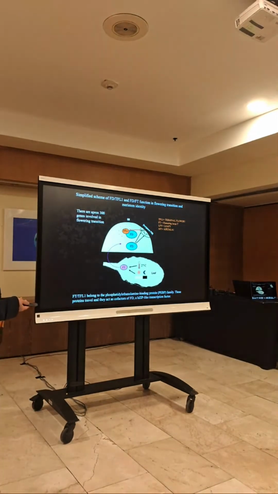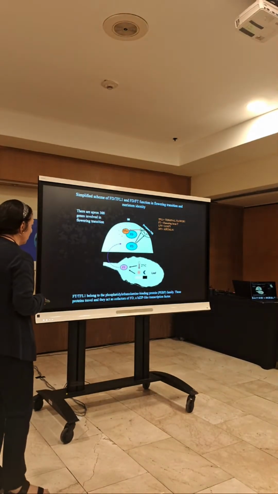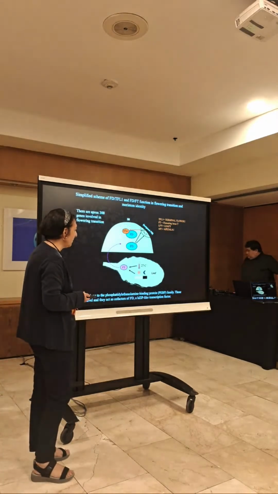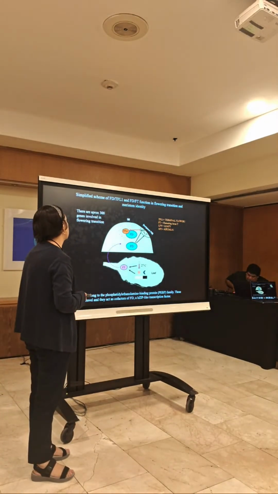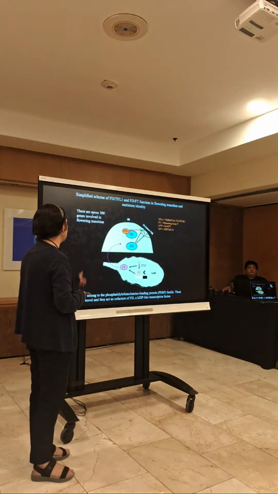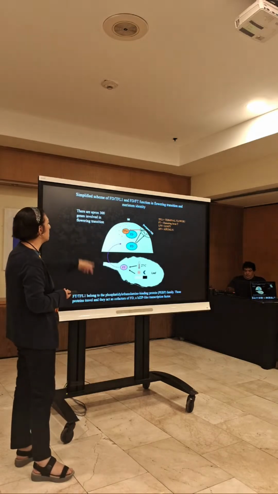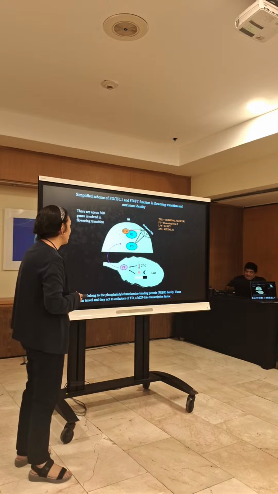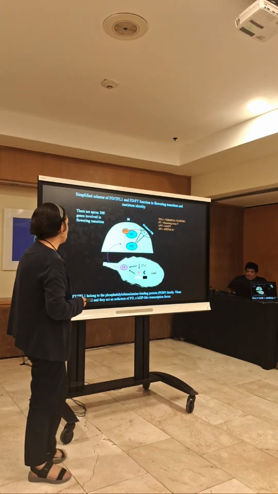The flowering transition is a very, very big network. It has been shown that about 300 genes participate in this flowering transition, so I cannot go through all of them.